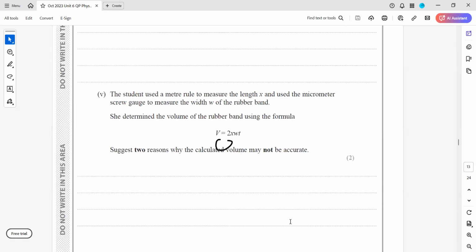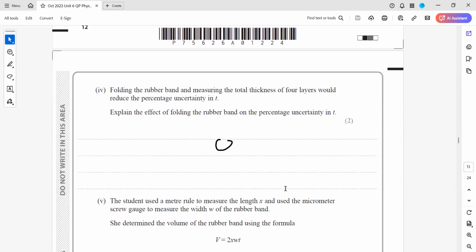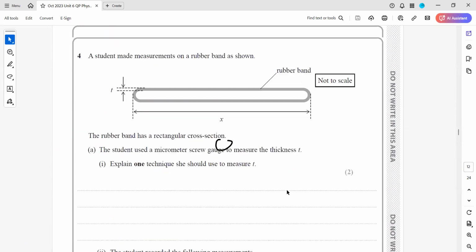So, two reasons why the results may not be accurate. If you see the figure, this part of the rubber band is missing.